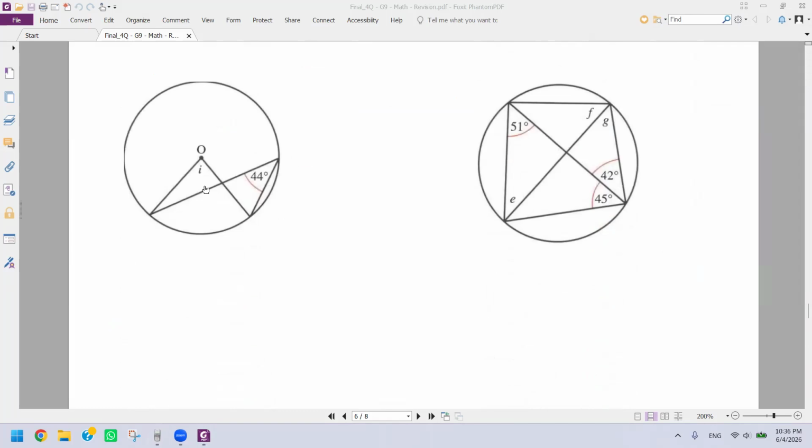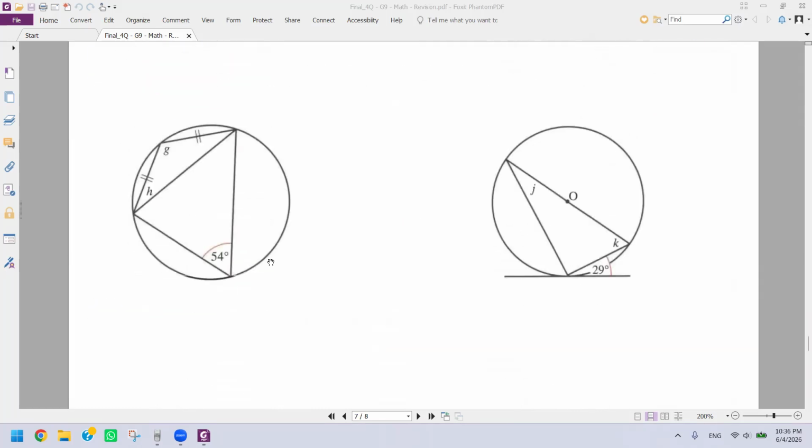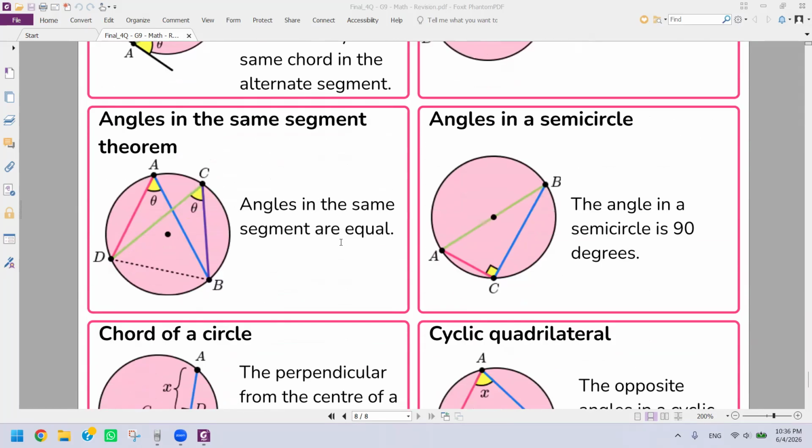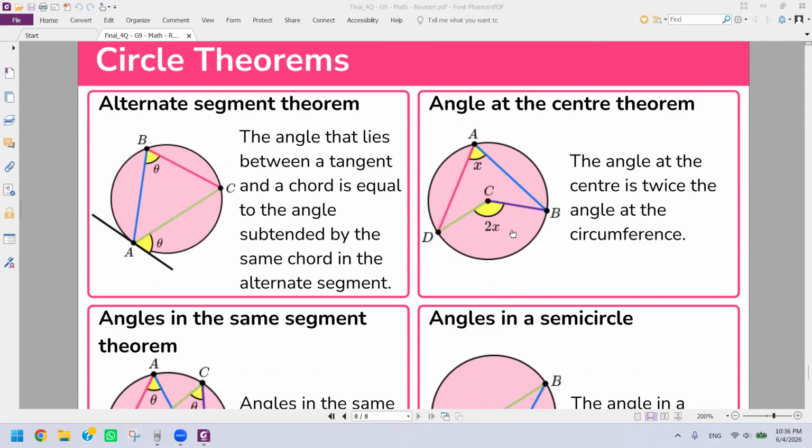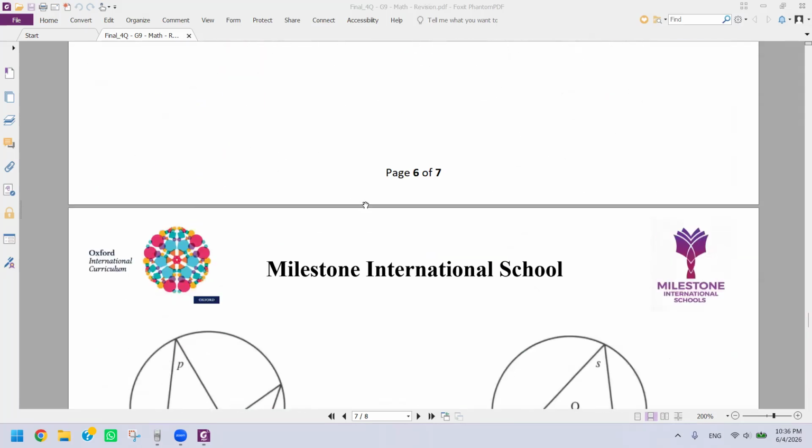Now, some of the students think that I have two angles from the circumference and that these two angles are subtended by the same arc. Look, this angle has this arc, this angle has the same arc. So the students will think that they are equal. They will think it's that theorem. But no. Center and circumference, you need to be careful.